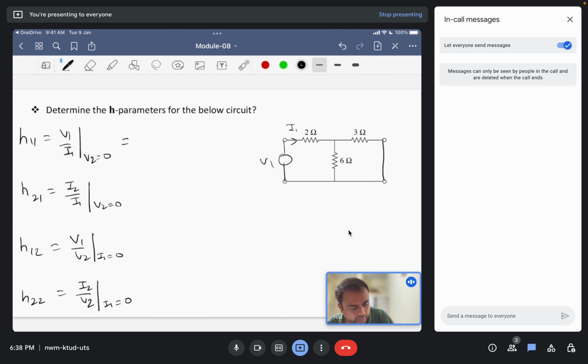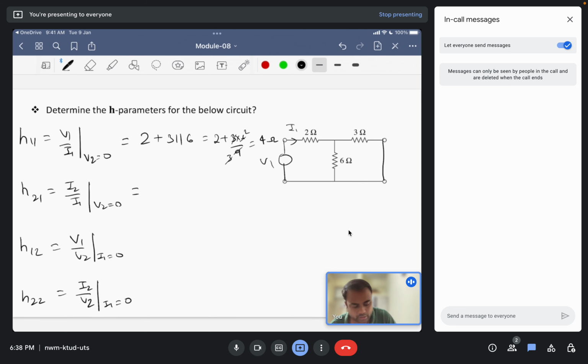So this is equal to 2 plus 3 parallel to 6, that is 2 plus 3 into 6 by 9. So 2 plus 2, 4 ohms. 4 ohms is the first parameter.